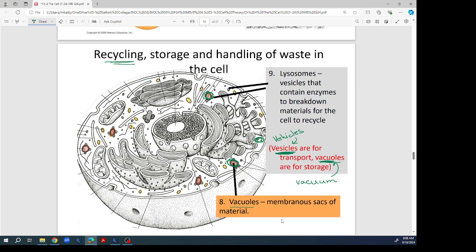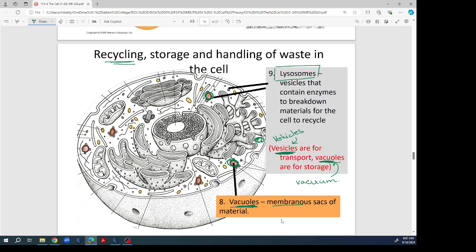So vacuoles are membrane-bound sacs of material. You may have answered that plant cells have a large central vacuole because they're going to manufacture a lot of carbohydrates through the process of photosynthesis. And so, yeah, those are the two. There's a specific kind of vesicle called the lysosome.